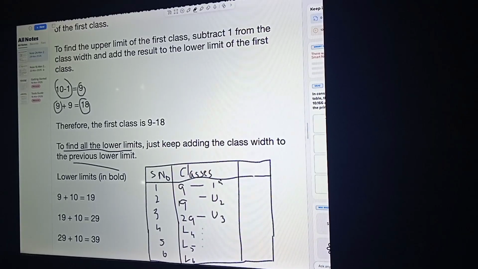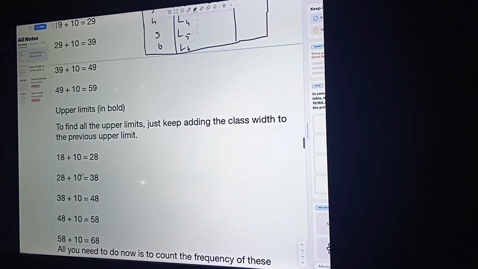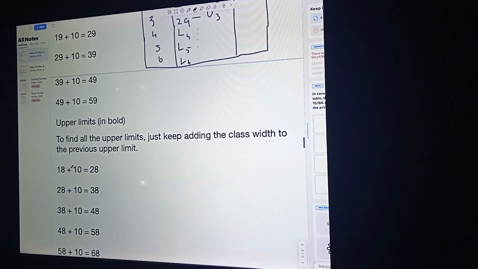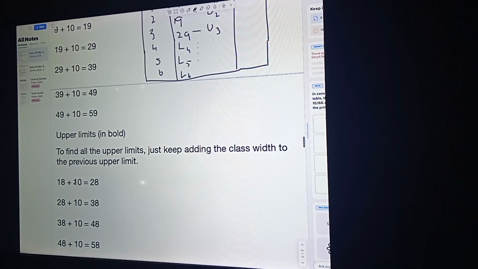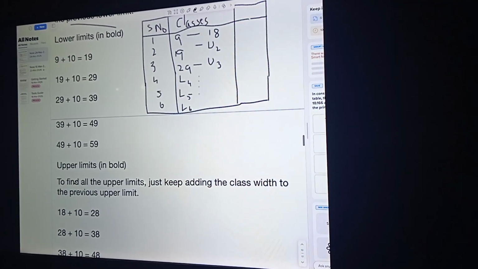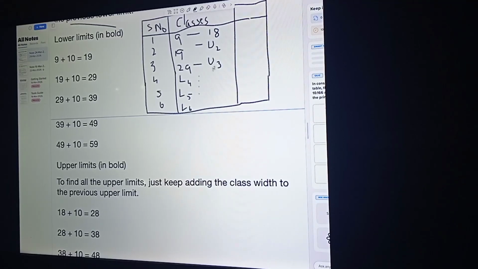So the first class is from 9 to 18. Then you are going to add 10 simultaneously and subsequently. So 18 plus 10 is 28. So you have to write 28 here. Then this is 28. So the next will be 38.